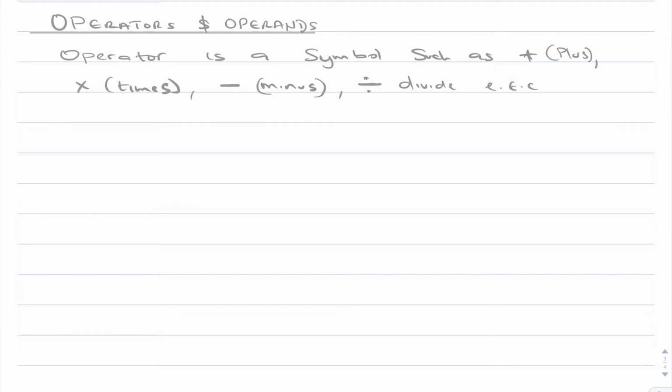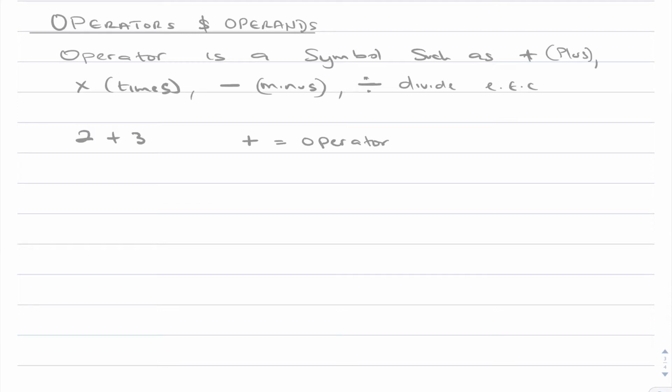That's what operators are. An example would be 2 plus 3. The operator in this expression is the plus operator, and this operator plus is operating on the operands.